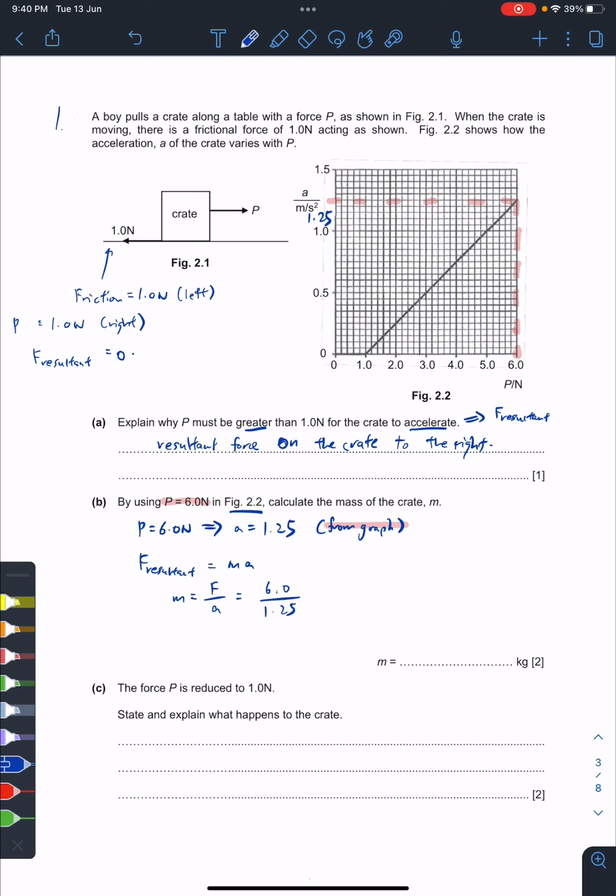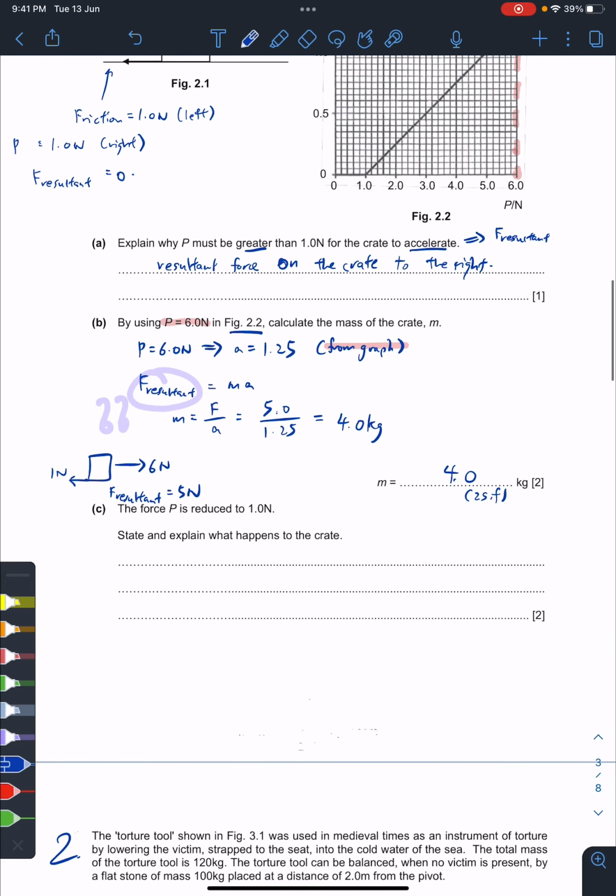You see, what exactly is the resultant force? So if it is indeed 6 Newton to the right and 1 Newton to the left, the resultant force is 5. Yep, so must be careful. So this is 5. So you get the answer of 4.0 kg. 4.0, 2SF, remember? Your 2SF.